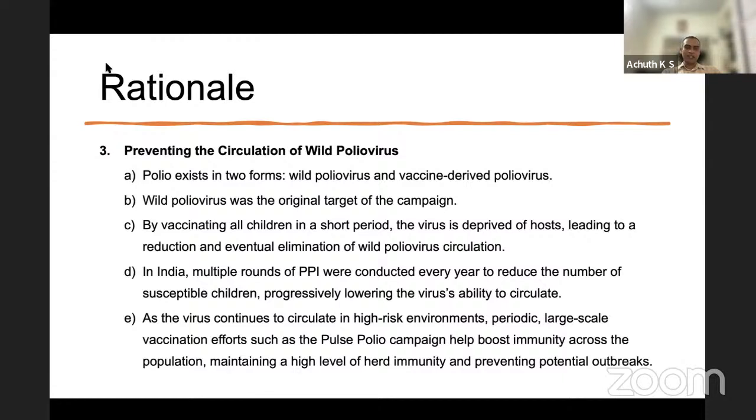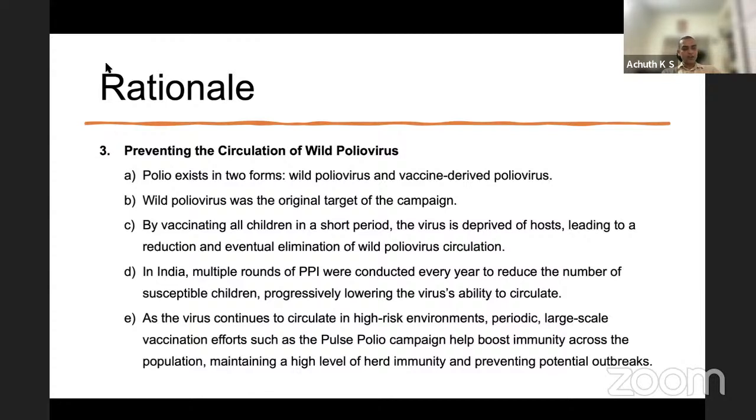That means the vaccine-derived poliovirus was there in the children, and wild poliovirus did not get any host to multiply. In India, multiple rounds of pulse polio immunization were conducted every year to reduce the number of hosts, that is, susceptible children.